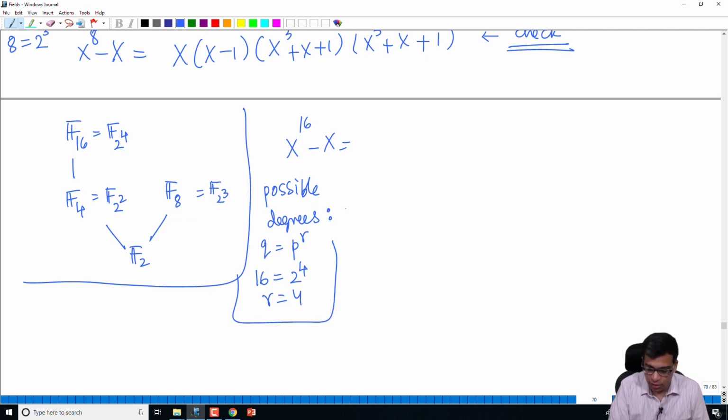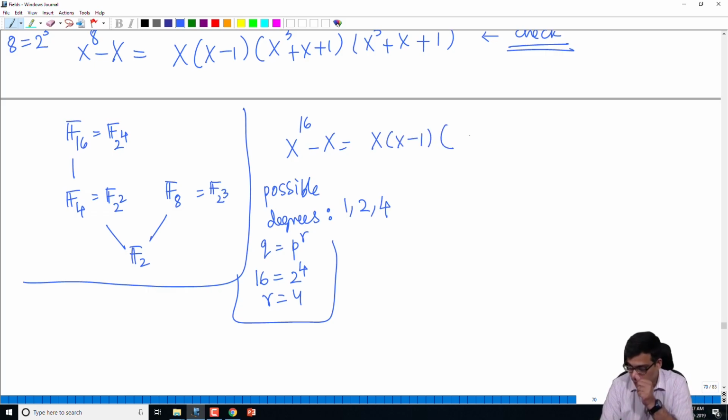So possible degrees are things that divide 4, that means 1, 2, 4, and a simple calculation will tell you the factorization we are looking for: there will be degree 1 polynomials and a degree 2 polynomial.